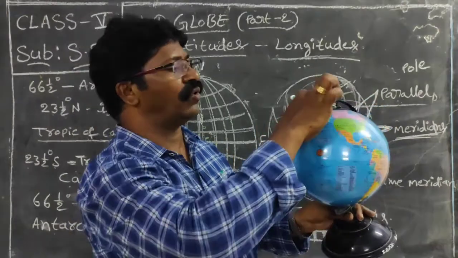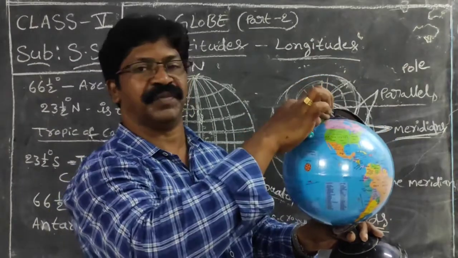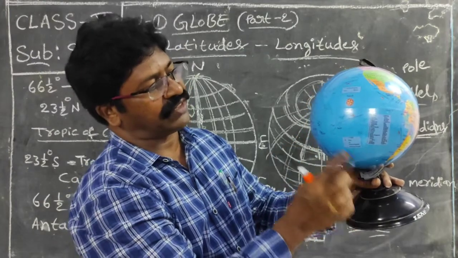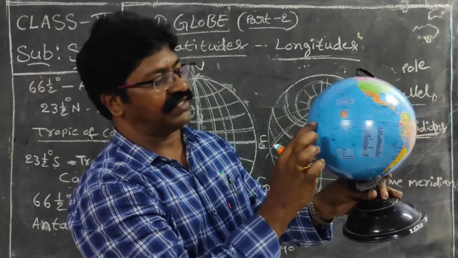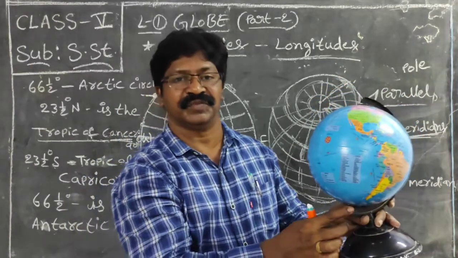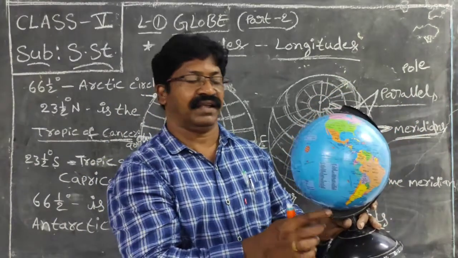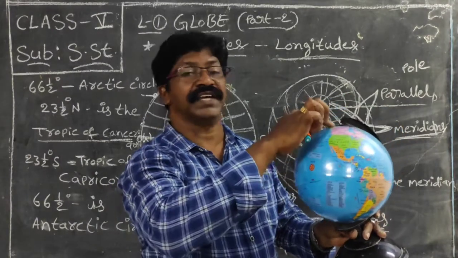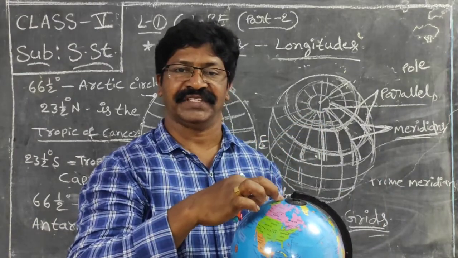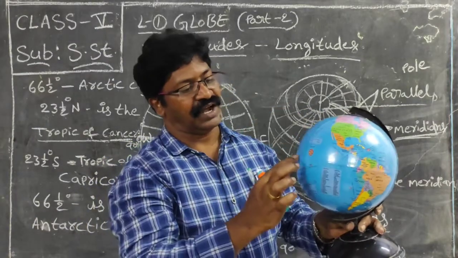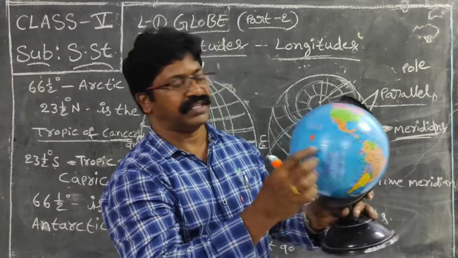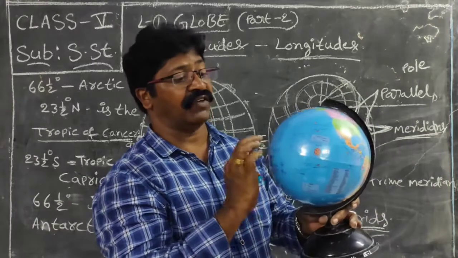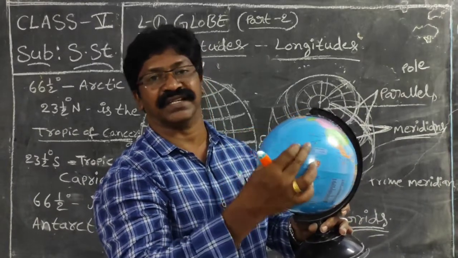From the equator, 0 to 90 degrees north is the northern hemisphere, and 90 degrees south is the southern hemisphere. The equator is a circle, also a latitude, also called a parallel.